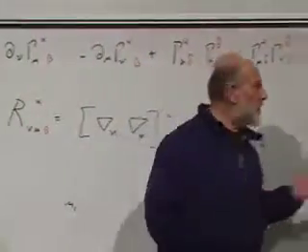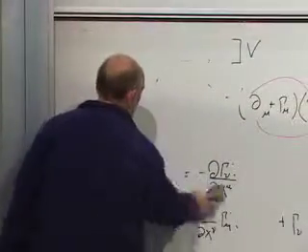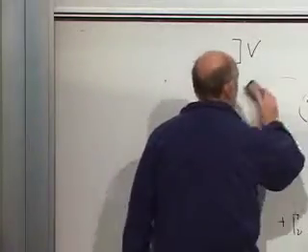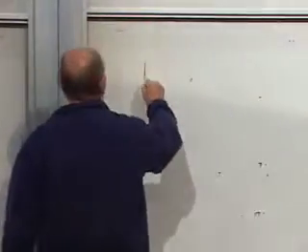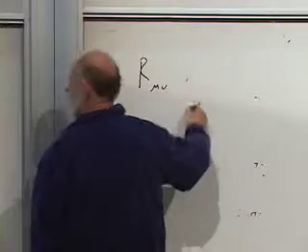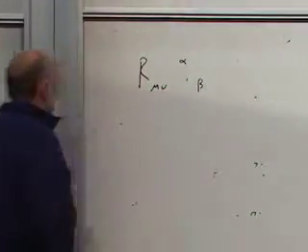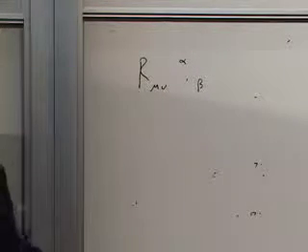Let's see what we can make up. Let's take R mu nu alpha beta. In fact, let's take it in that form.